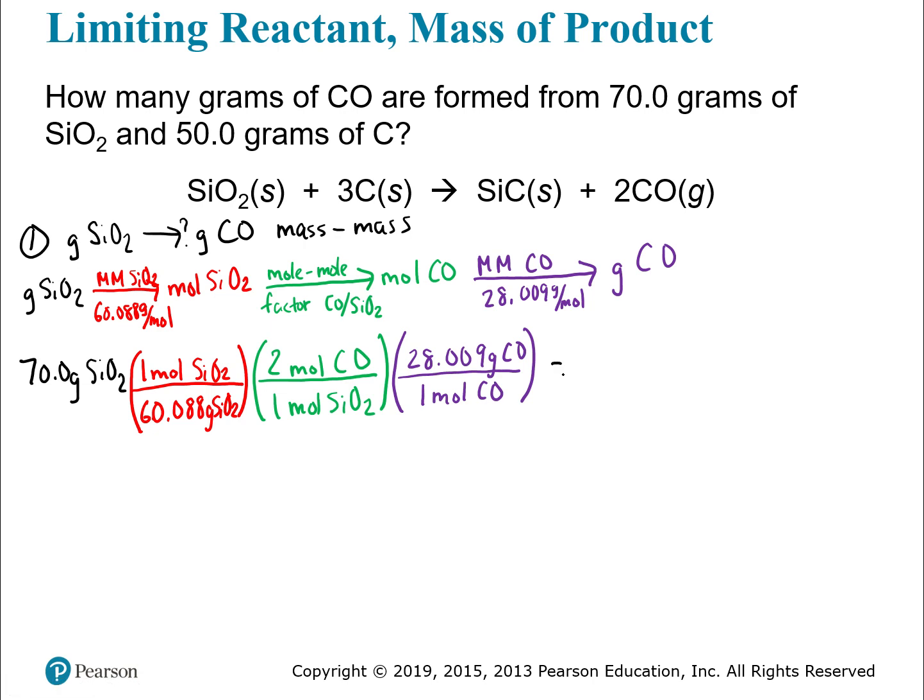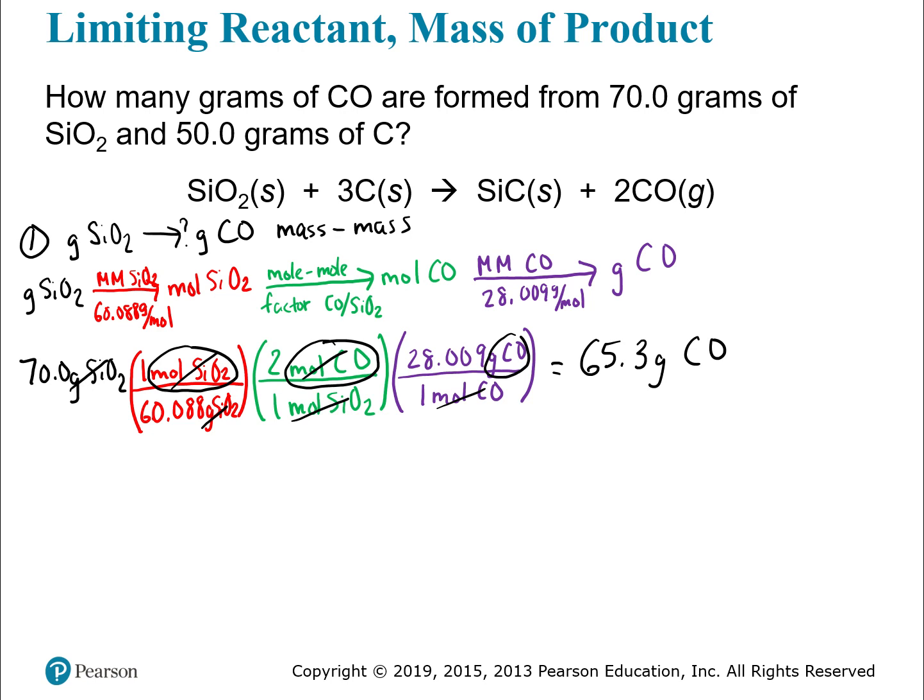All right. So that's the first part. We get moles of SiO2. Those cancel. We get moles of carbon monoxide. And then finally we cancel that and get grams. That's the first part.